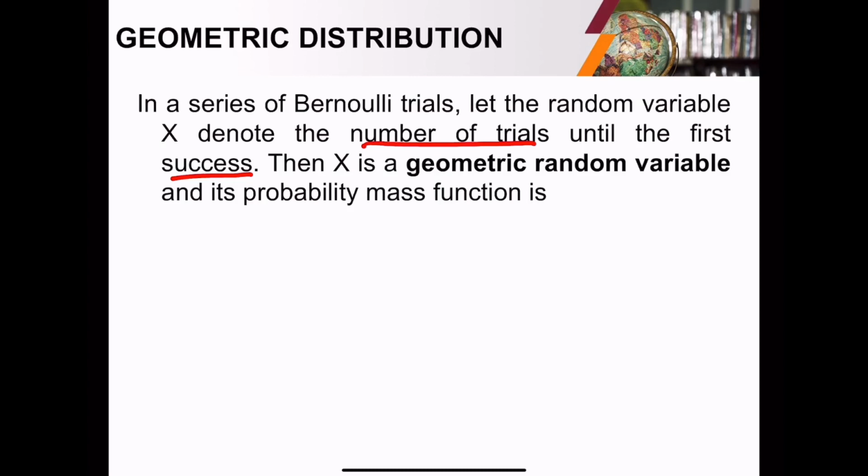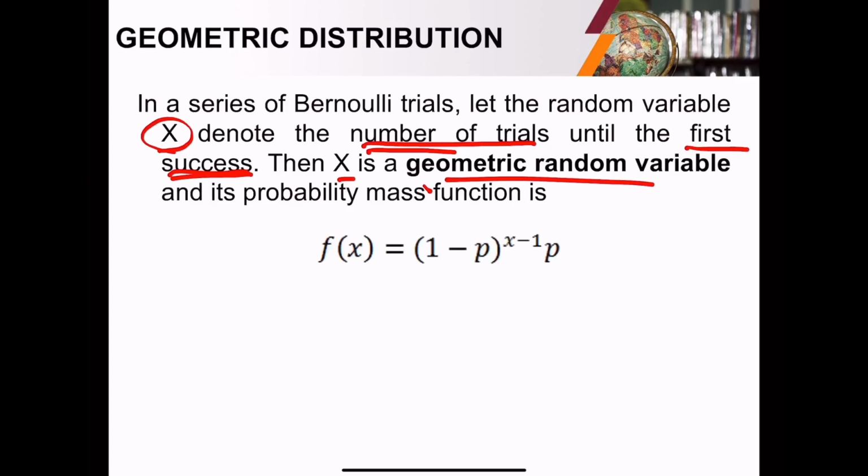Dito, ang x natin represents the number of trials na kailangan nating gawin hanggang sa makuha natin yung success natin. Therefore, x here will be known as your geometric random variable and its probability mass function is 1 minus p, so ito yung representation ng failure natin, raised to x minus 1.